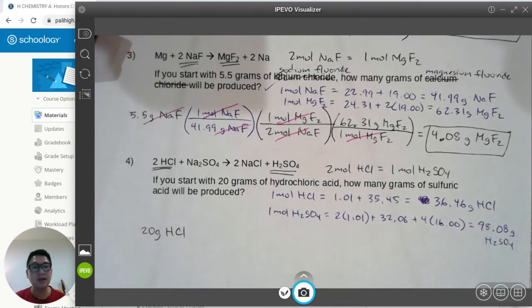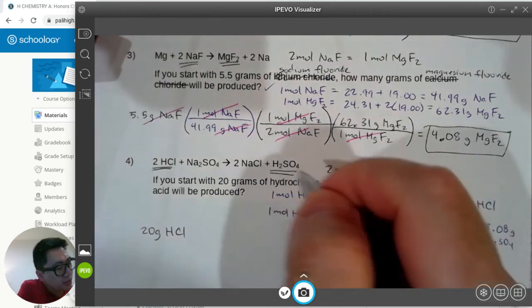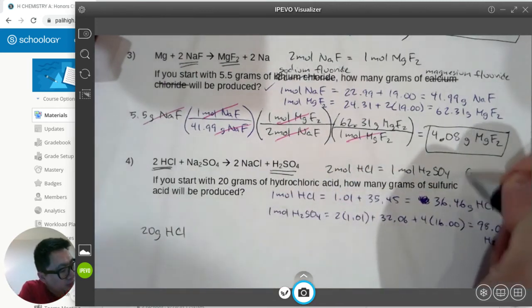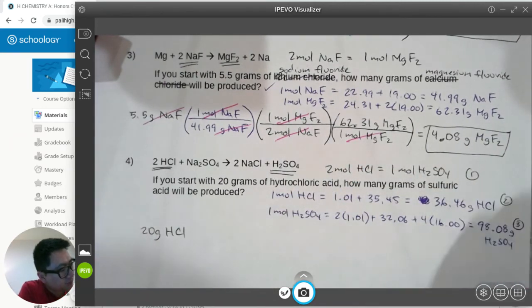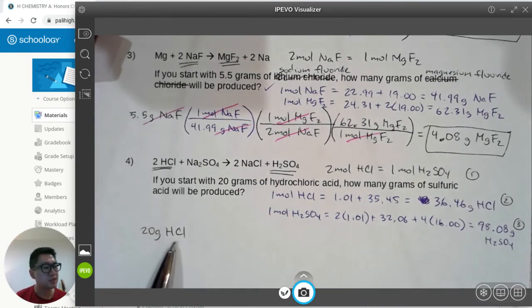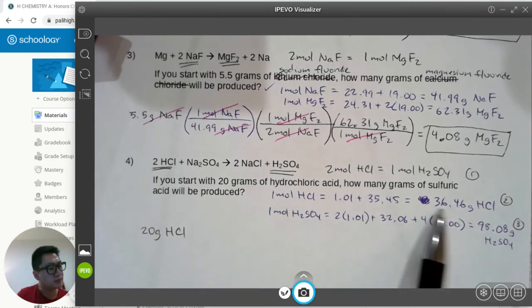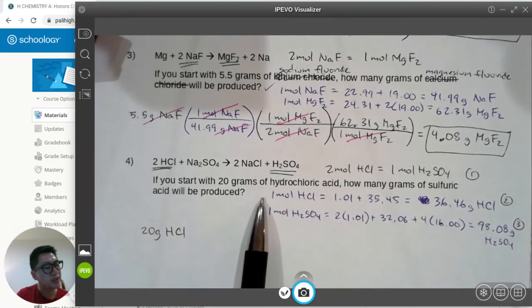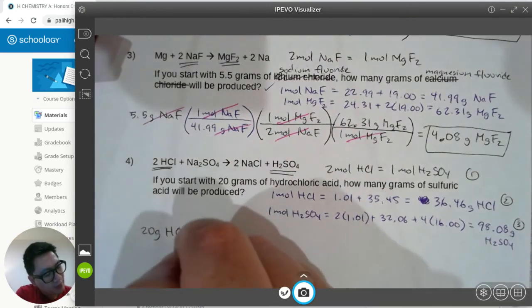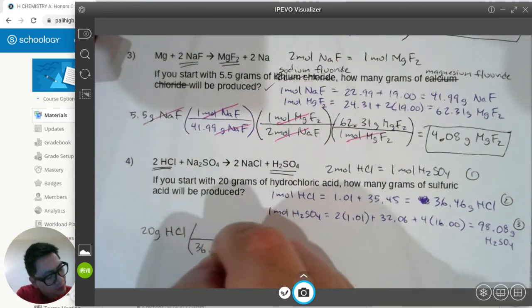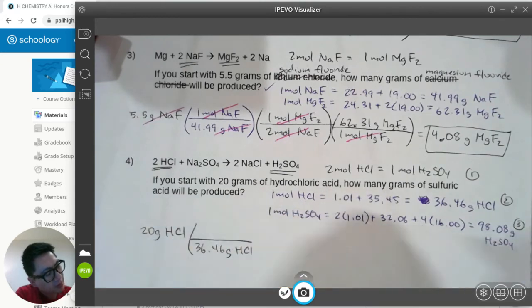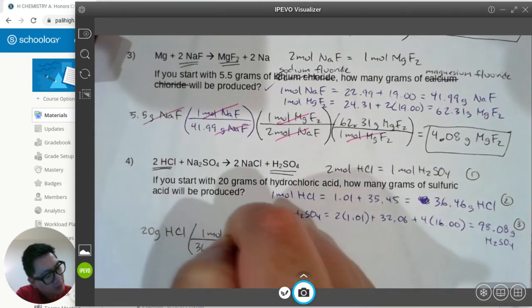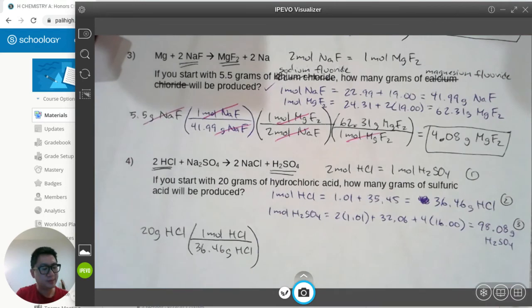Okay, so now let's do this problem. Here are my 1, 2, 3 conversion factors I'm going to use. First, I change my grams of HCl to moles using the second conversion factor. There are 36.46 grams of HCl in 1 mole of HCl, hydrochloric acid.